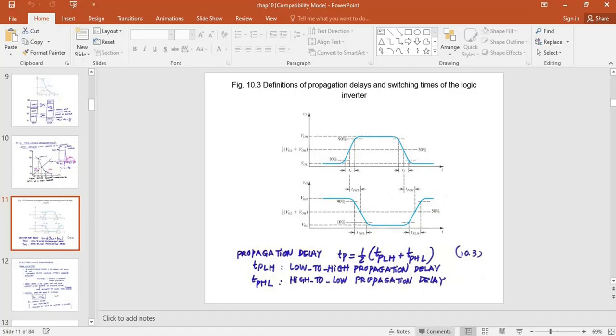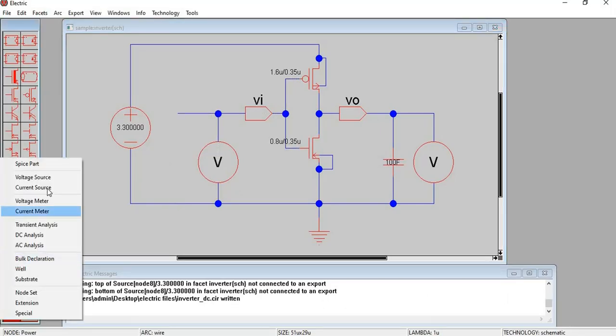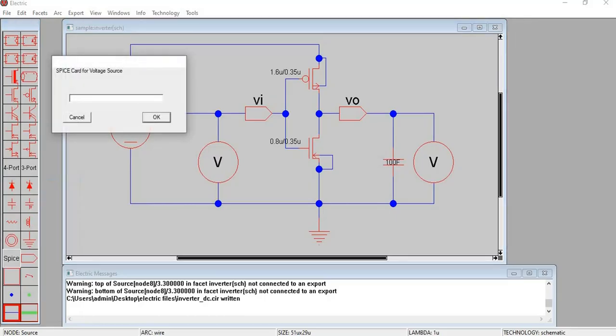In this simulation, let us just go back to Electric. We would no longer need this DC analysis. Instead, get a voltage source, and we're now going to use pulse.